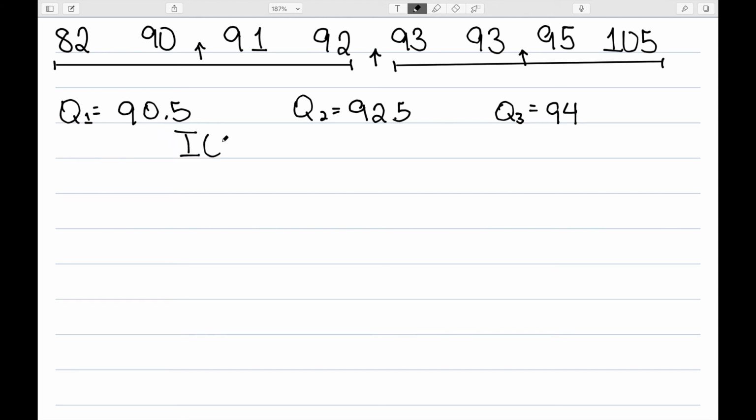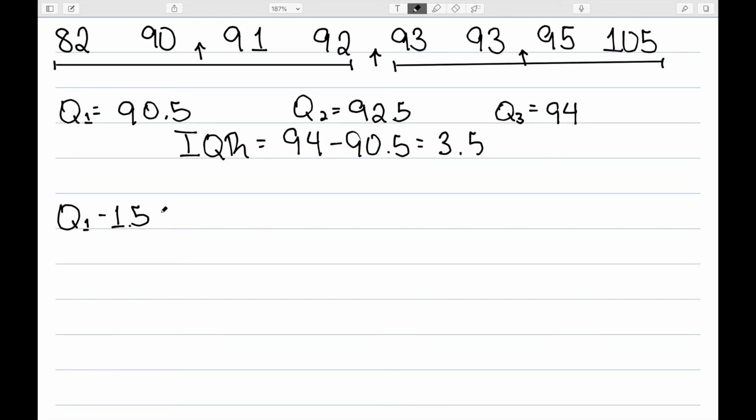In this case, my interquartile range will be 94 minus 90.5, which is 3.5. My lower bound, Q1 minus 1.5 IQR. Well, Q1 is 90.5, minus 1.5 times IQR, which is 3.5.